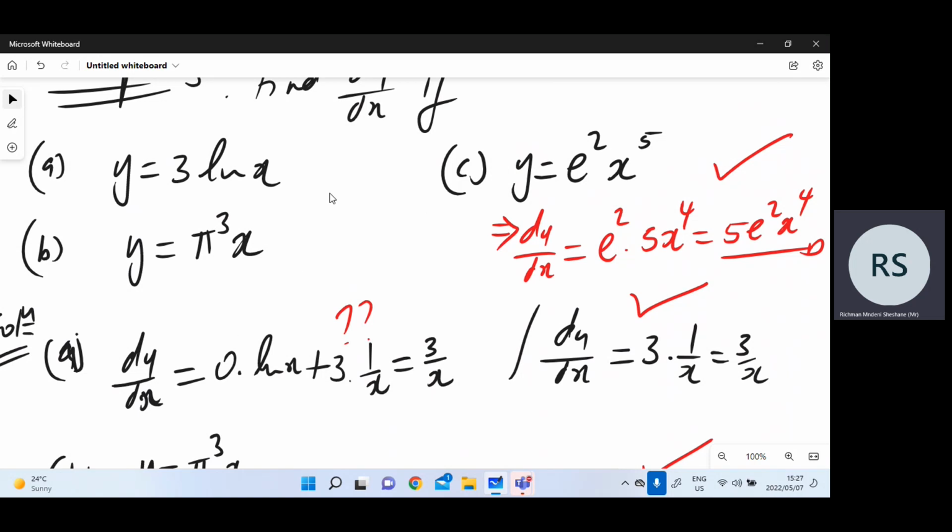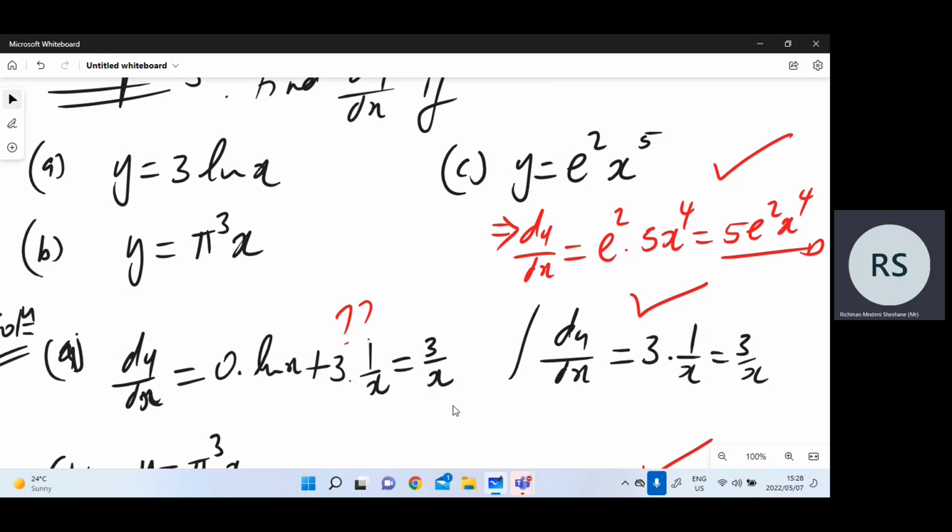Derivative of the first, 3, derivative of a constant is 0, while I leave the second, ln x, plus, and leave the first, 3, multiplied by the derivative of the second. It's 1 over x. When I simplify this, this is 0 because it's multiplied by 0, and 3 over x. So the final answer is just 3 over x.